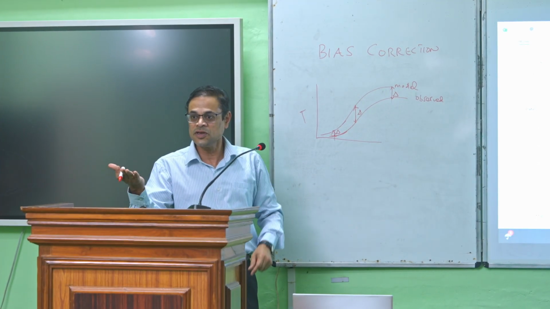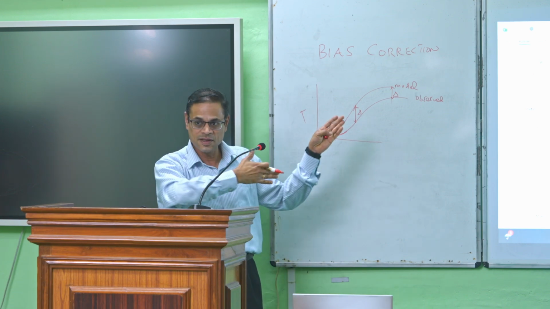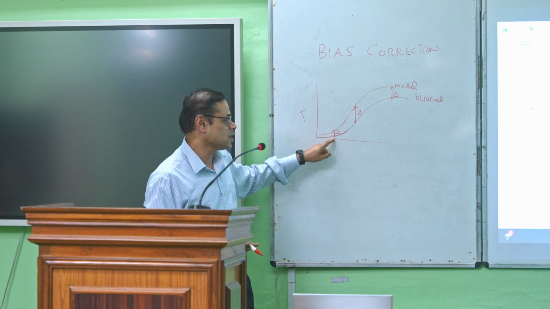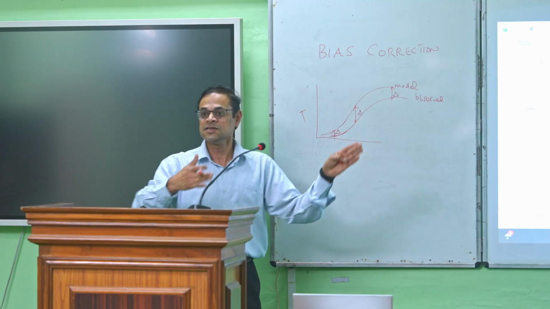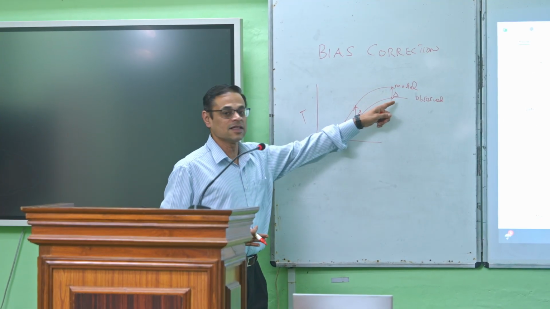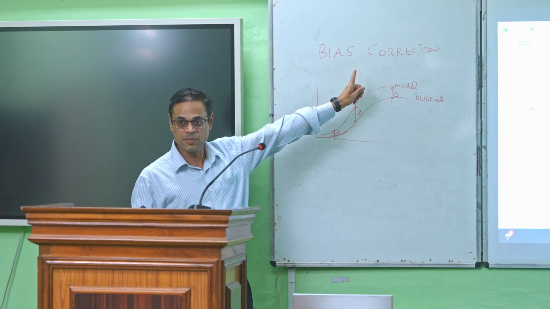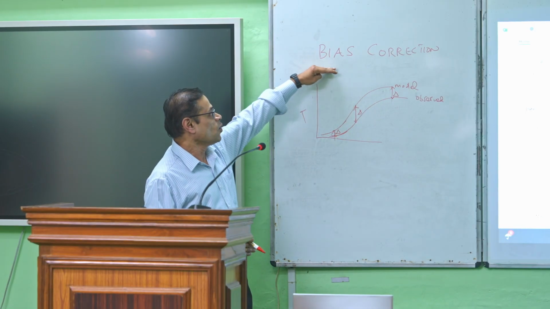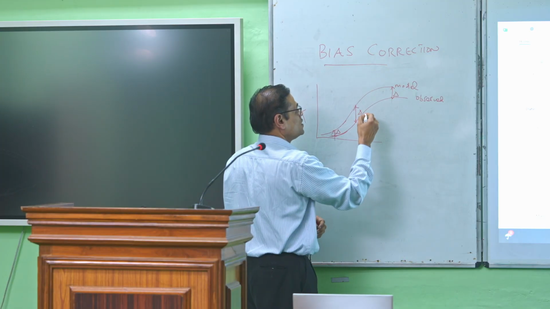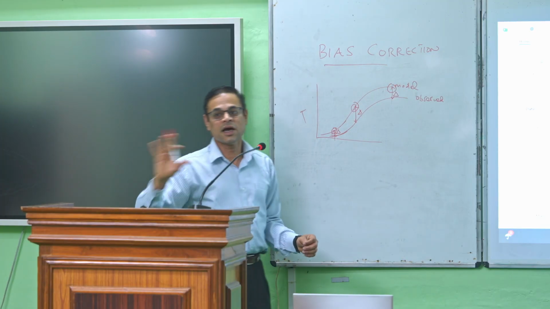So using the observed data, we try to subtract or take the difference, or using the quantile mapping approach, we take only certain quantiles of this difference and then adjust that in the model-produced temperature or precipitation data. Once you do this bias correction, you assume that this model does not have any more bias.